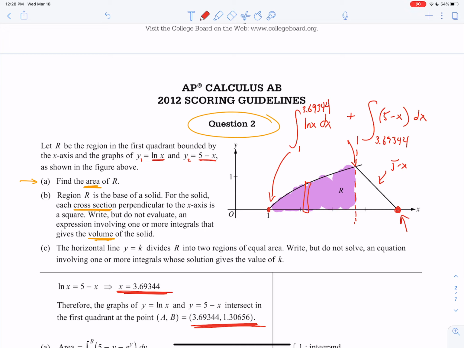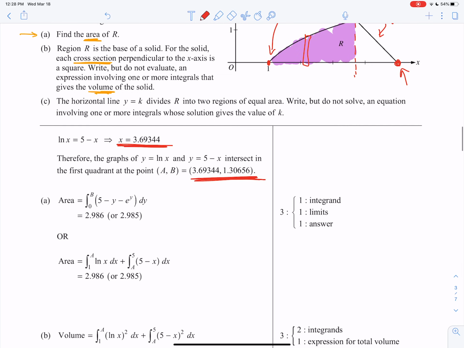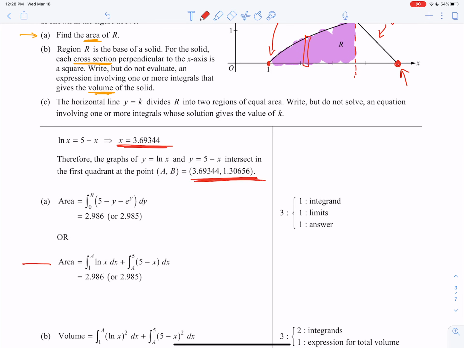That looks like it's landing on 5. Okay? So this is a quick plug and chug. If you look at the scoring guidelines, this is exactly what happened in the second option here. They integrated from 1 to A, and A is actually defined here as 3.69344. Quick plug and chug, you get your answer.